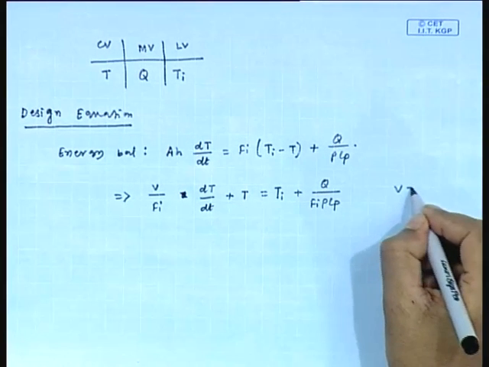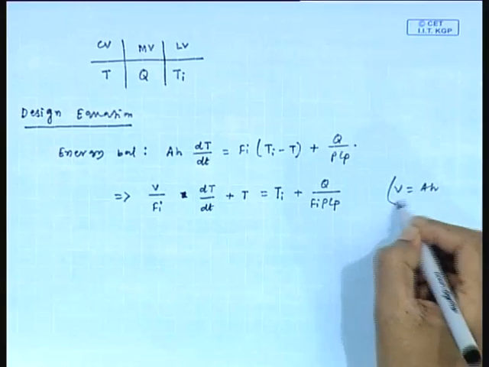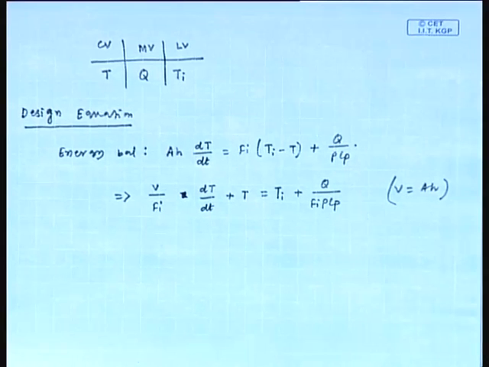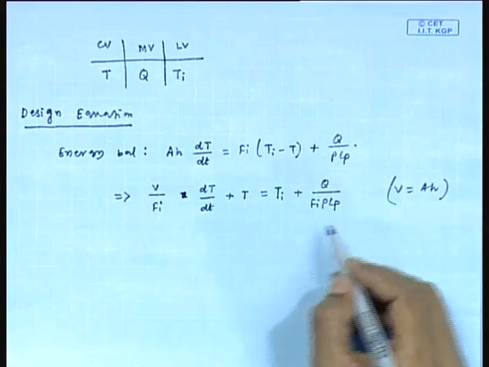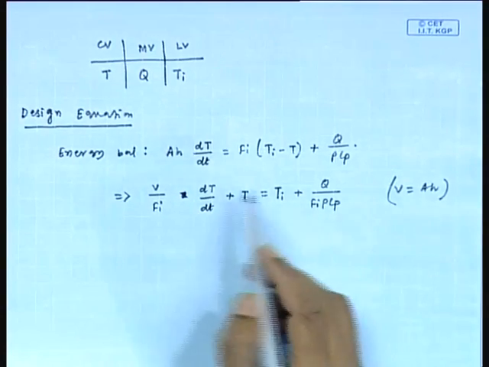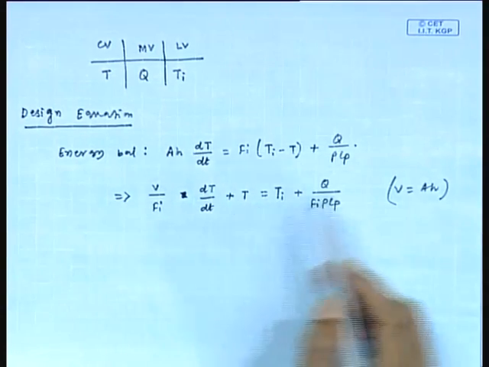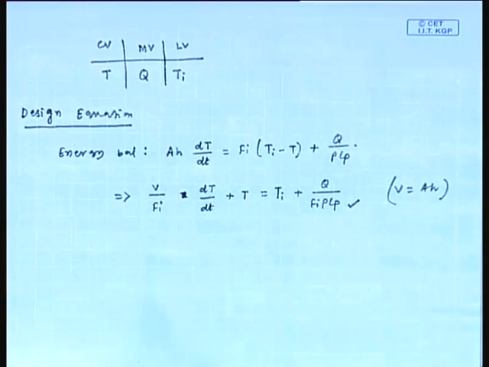Here we assume V equal to AH. Fine. So, by dividing both sides by Fi and rearranging, we obtain this equation.